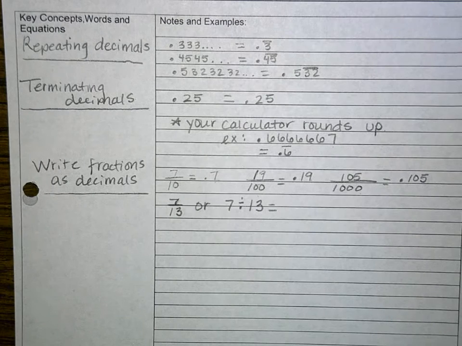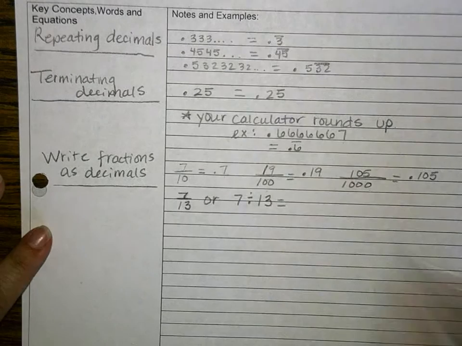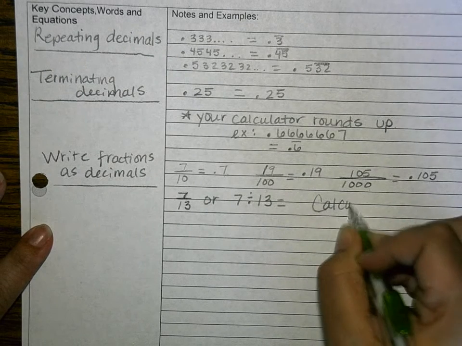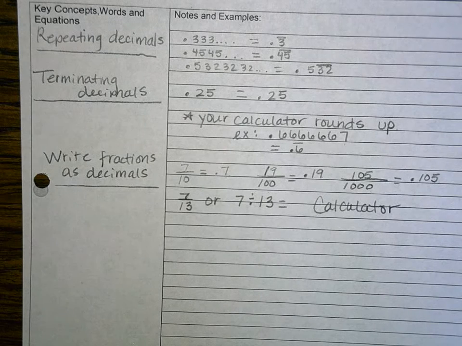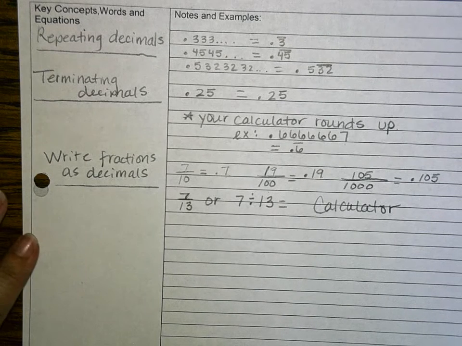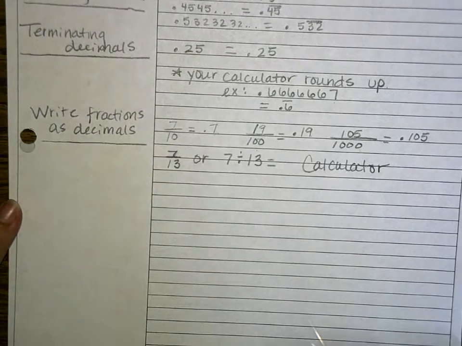So 7 divided by 13, I don't know, it's about half. So when you have things like that, just put it in your calculator. So I'll write calculator next to this. Okay. Any questions on that? It's all review, right? I hope. Some of it. Most of it.